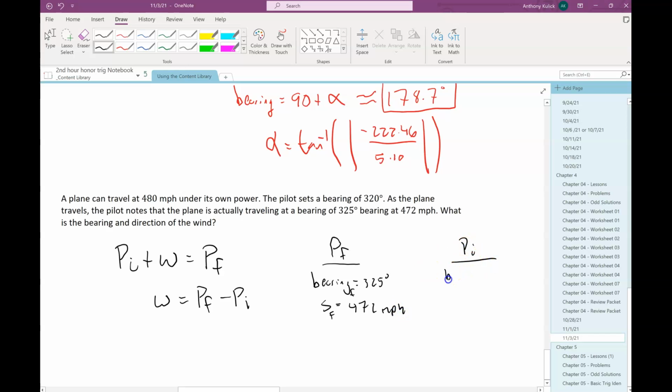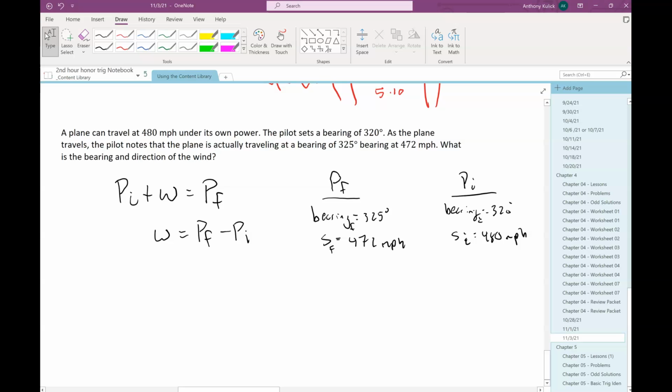But initially we set a bearing of 320, and we had a speed of 480. Everybody okay? Just from reading comprehension, we can imagine what's going on here, I hope.